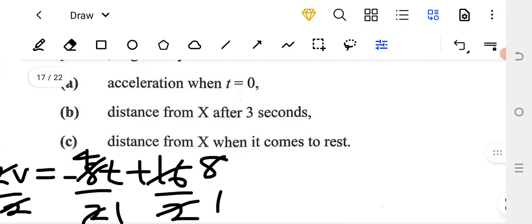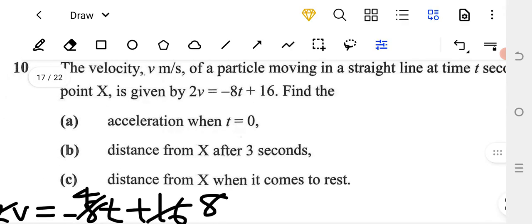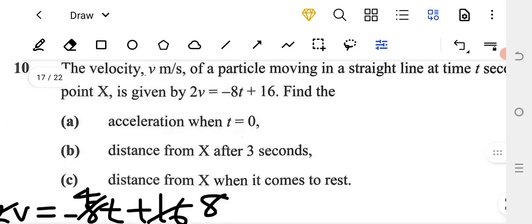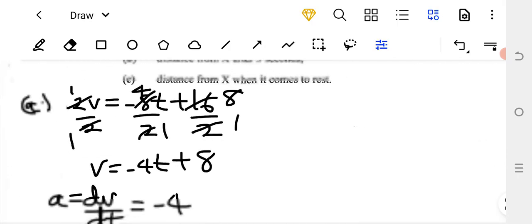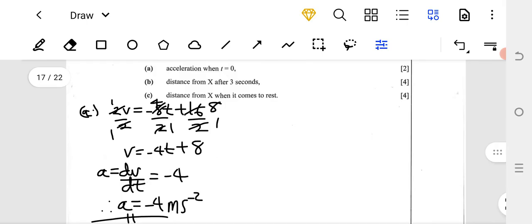Then the distance from x after 3 seconds. Now, distance has brought many problems to people. This is why it carries 4 marks. Then they're saying distance from x when it comes to rest.